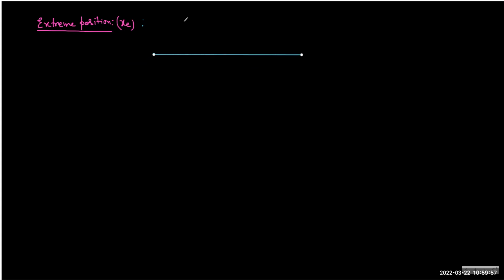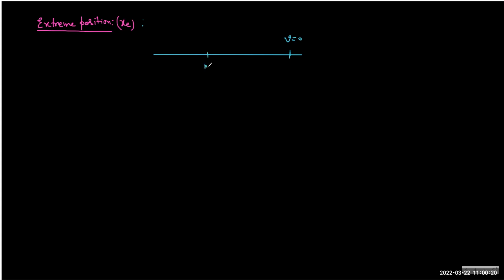No, sir. So what exactly happens at the extreme position? Your instantaneous velocity becomes 0, right? Yes, sir. So the extreme position is a position at which the instantaneous velocity becomes 0. That's the definition.